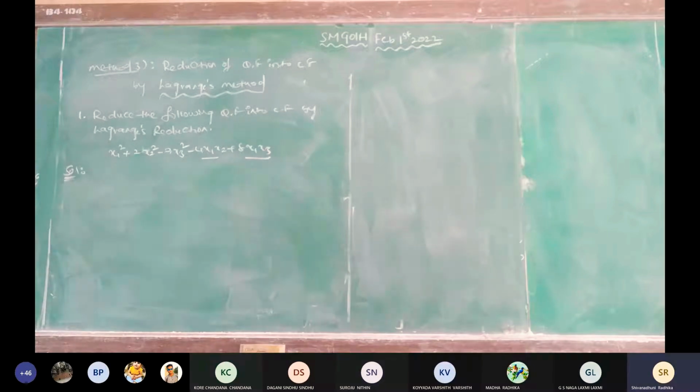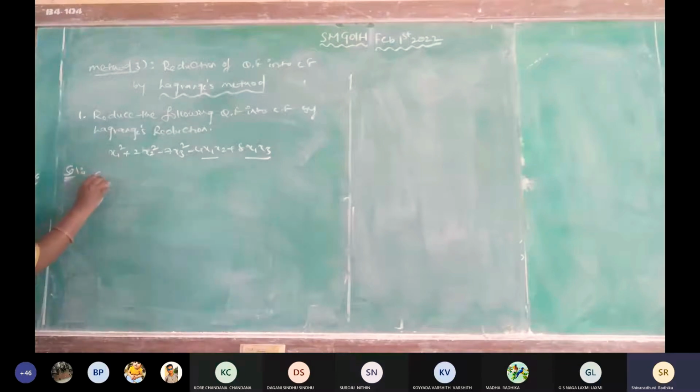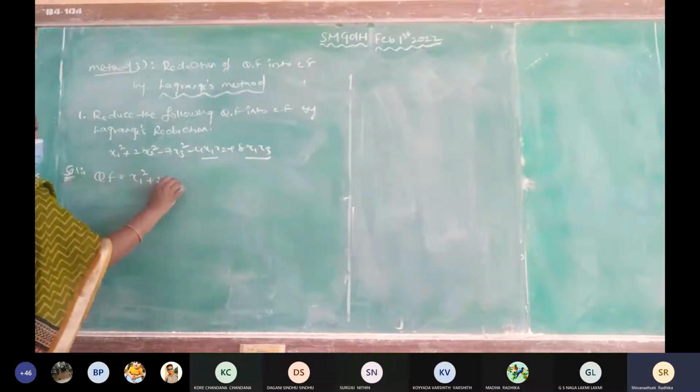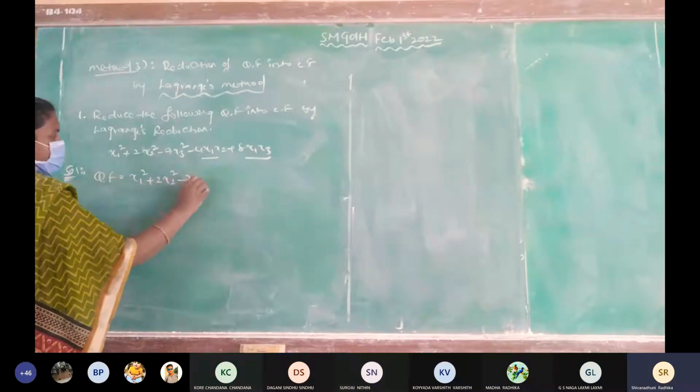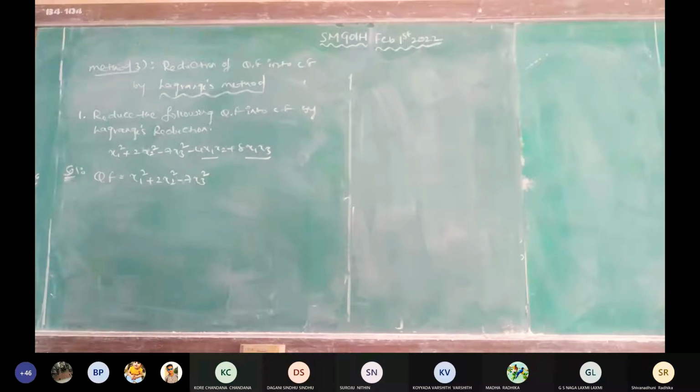First of all, I am going to write the quadratic form as it is: x1 square plus 2x2 square minus 7x3 square. Go through the procedure. What is step 1? Take a common variable from the product terms.